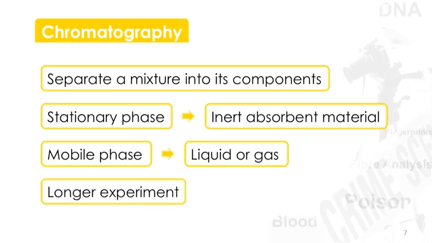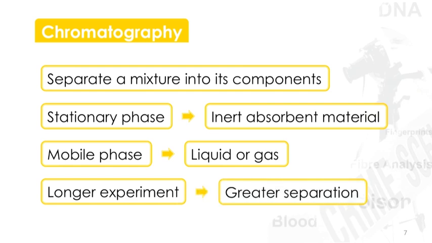As we run the experiment longer, the separation will get greater. Of course, one of these components will get to the end of our stationary phase well before the other one. We've now separated our mixture into its different components, and we could go ahead with whatever analysis we're going to use to identify them.